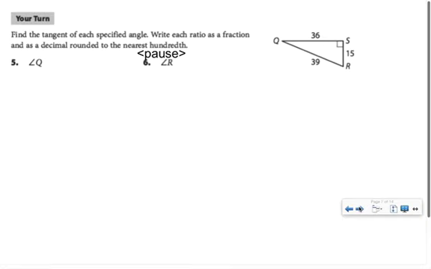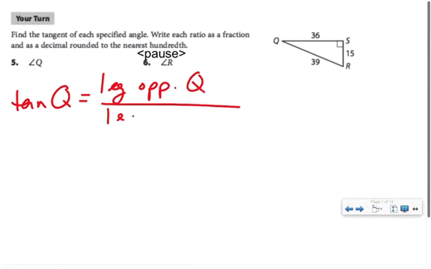In this Your Turn 5, we're asked for the tangent of angle Q. So, tangent Q equals leg opposite Q over leg adjacent to Q. And the leg opposite Q is 15.